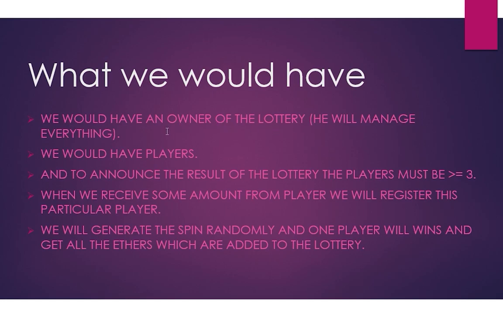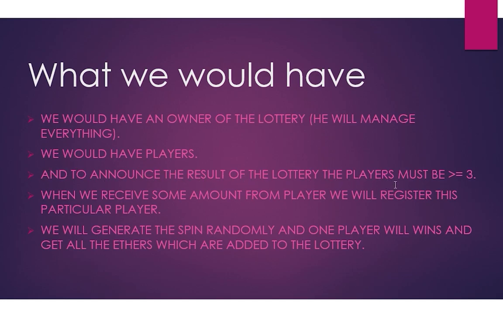He will manage everything, like announcing the result, who is the winner, and storing the address of each participant, so that they are now participants of the lottery and can get a prize after the announcement of the lottery, and all these things.